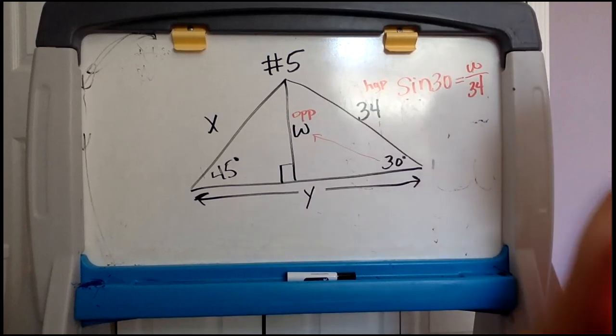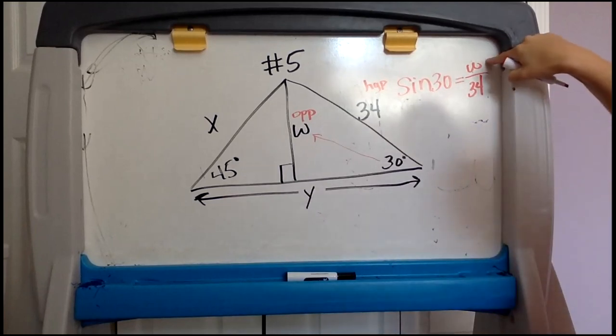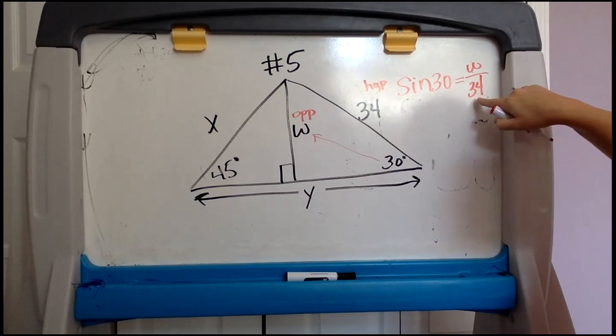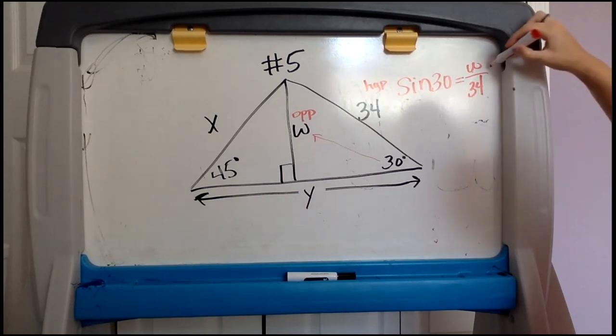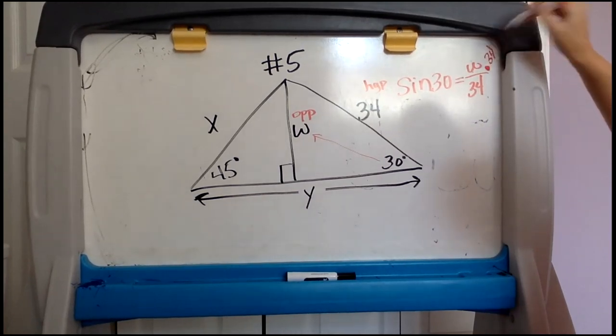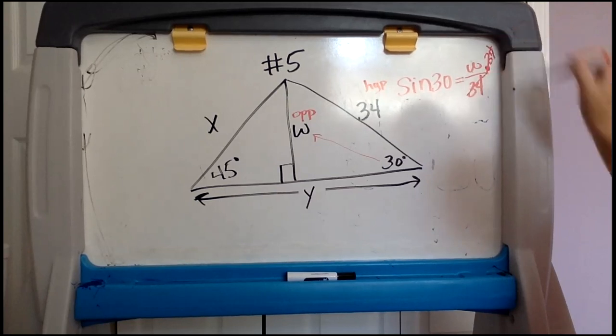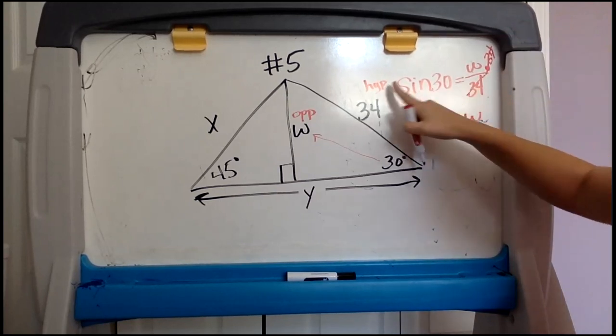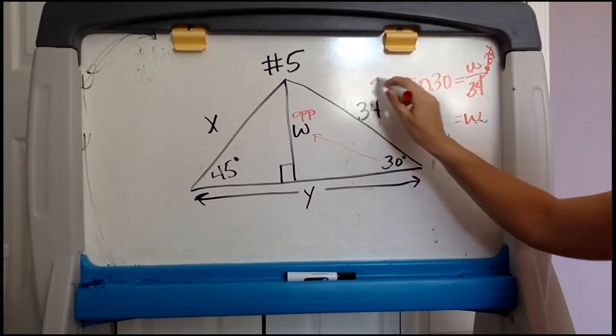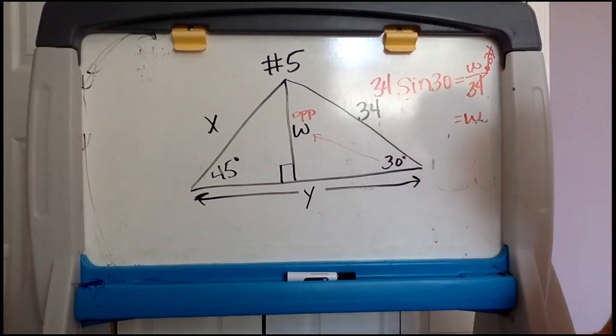And now we can solve for this. Let's solve for W. You always multiply by what's in the denominator. So I'm going to multiply both sides by 34. That will cancel here, leaving me with just W. But what we do to one side, we do to the other. So I have to multiply this side by 34.